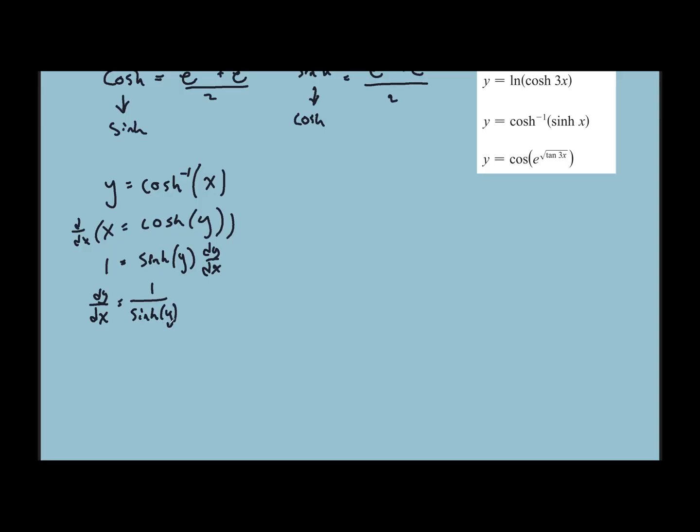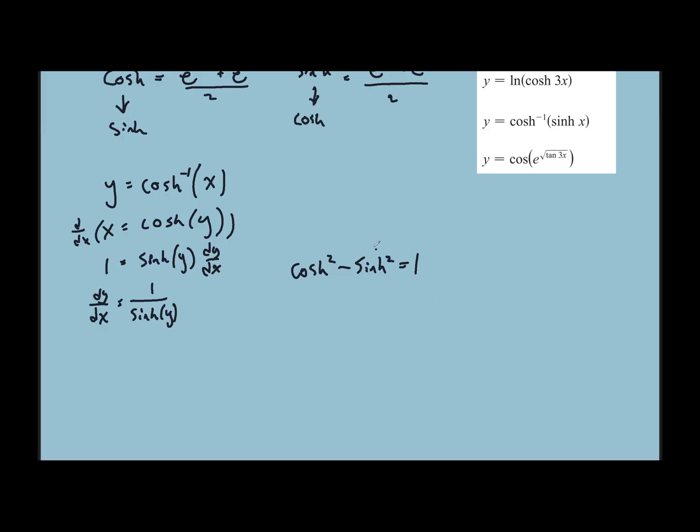And this almost gets us there, but we're still in terms of y. So let's remember the identity. Don't mess up your identity: hyperbolic cosine squared minus hyperbolic sine squared equals 1.